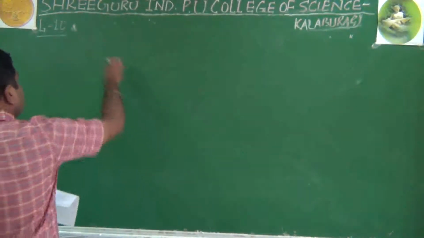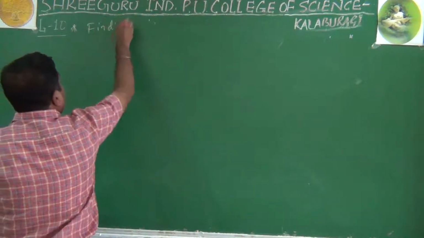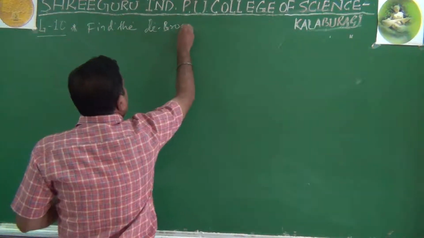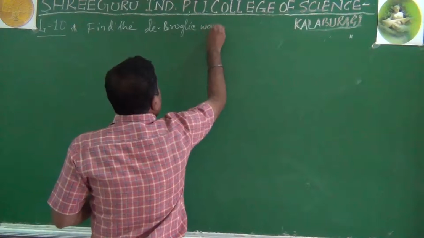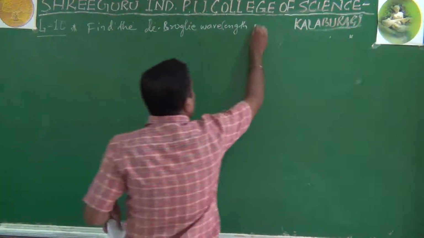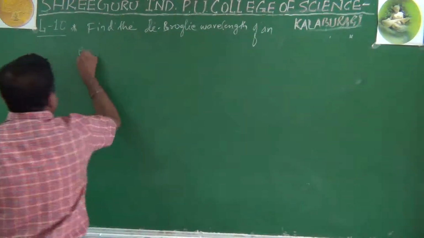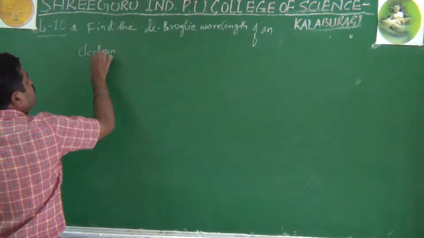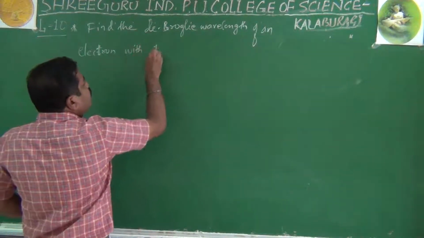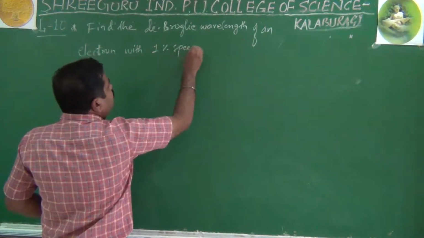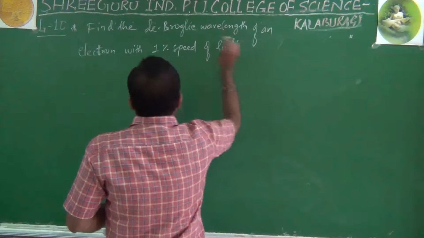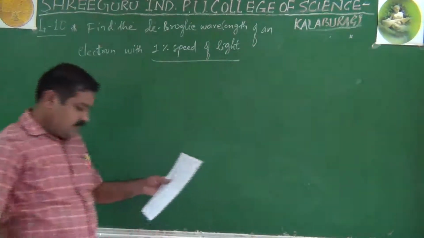Suppose they ask you: find the de Broglie wavelength of an electron with 1% speed of light. 1% speed of light they have given.